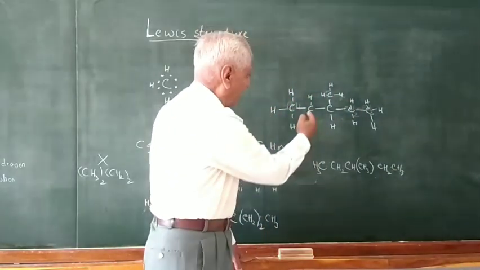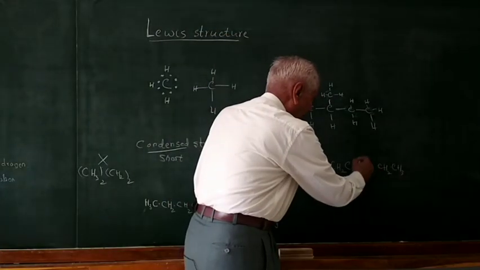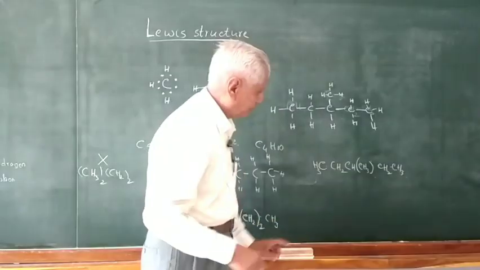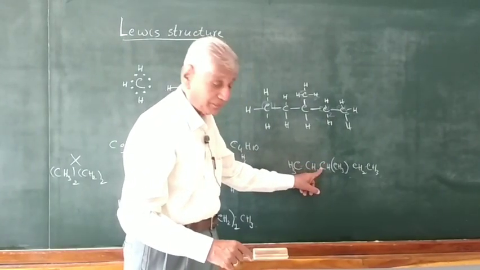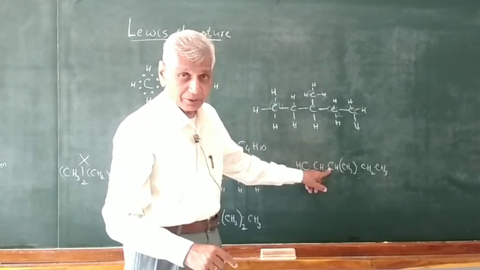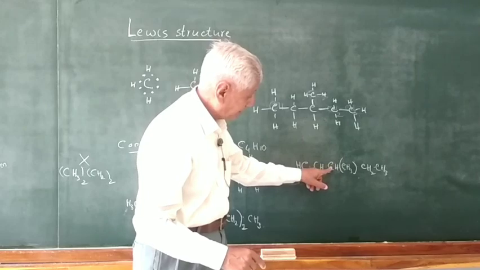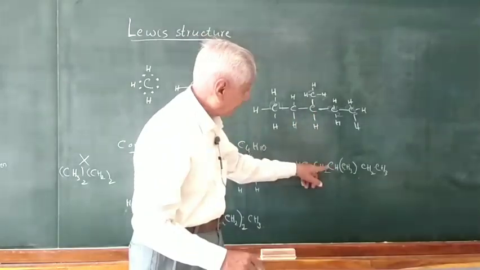If there is a branch here, that can be written in a bracket. When you write this bracket, it means this CH3 is attached to this carbon. Fine? Any problem here? So this carbon carries H and carries CH3.